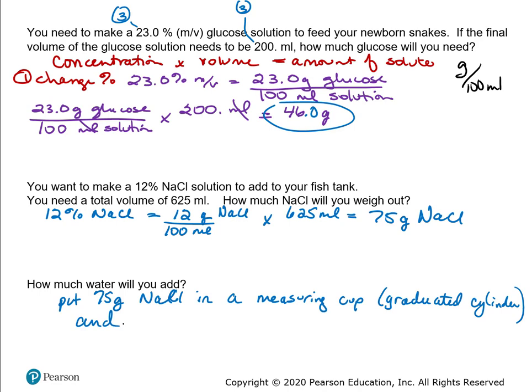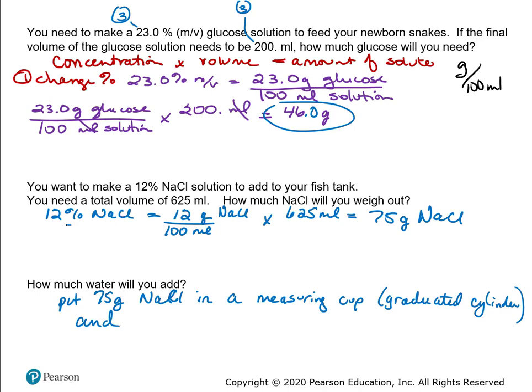Concentration times volume tells you how much of your solute. So in this one, 12% sodium chloride becomes what? 12 grams of NaCl per, so it'll be over what? 100 mils. So change your percent to what it means.